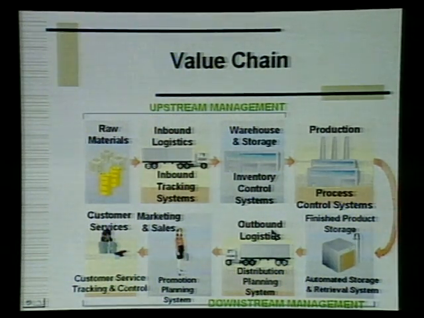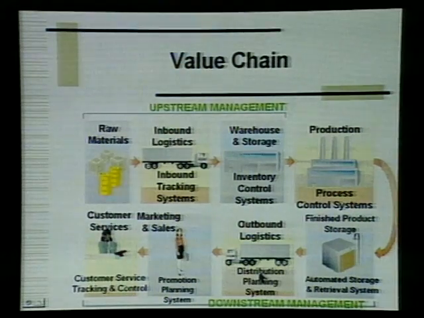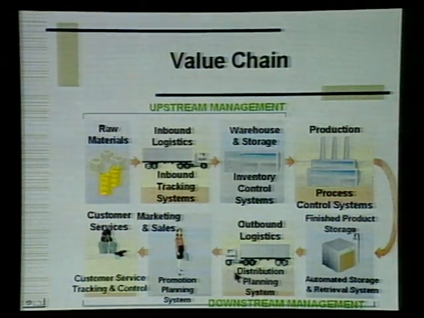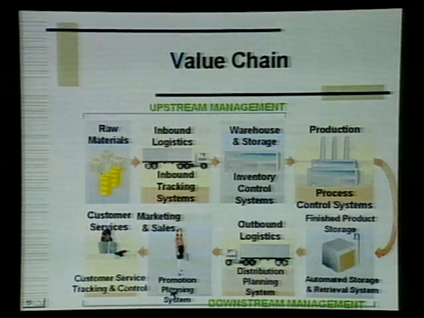Then the product has to be sold, what we call the outbound logistics. That can also be automated by employing the distribution planning systems. Another important aspect of any business system is the promotion. And the promotion planning system can be employed to promote a business.